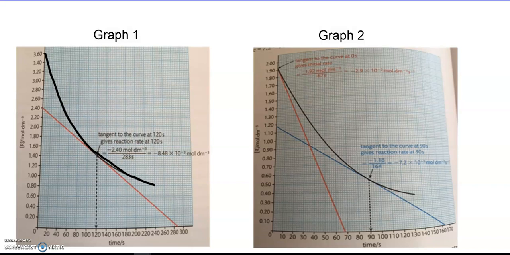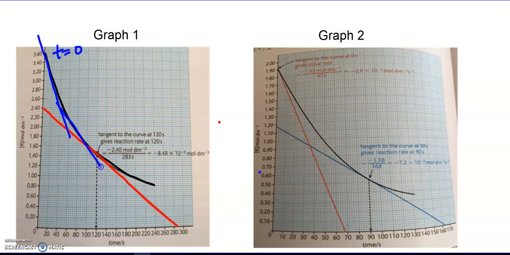If I want to find the tangent line at t equals 120 seconds, that's this red one right here. That tells me the rate at that particular moment, just instantaneous, at one point in time. If I did t equals 0, that would be up here, and I'll do that in blue. That would be a tangent line right here, and that would be my initial rate.